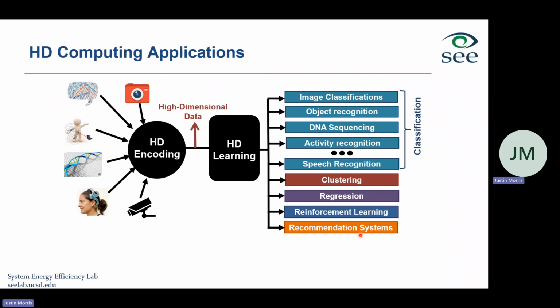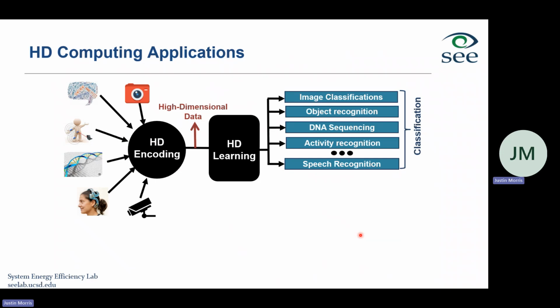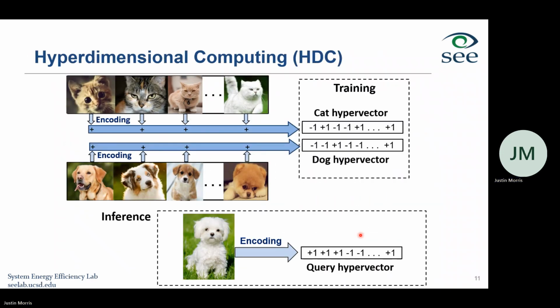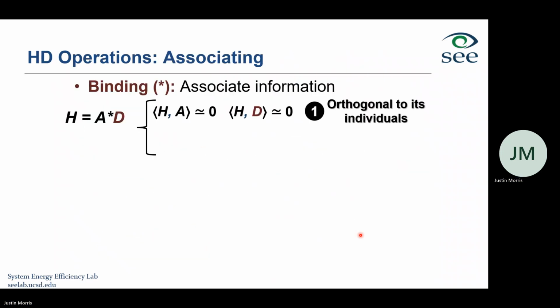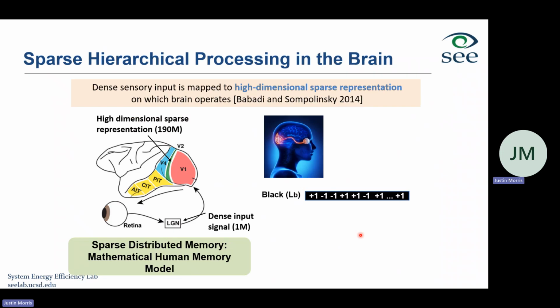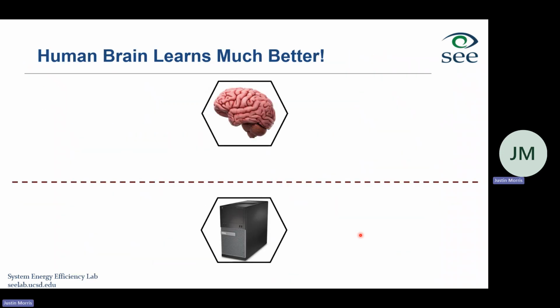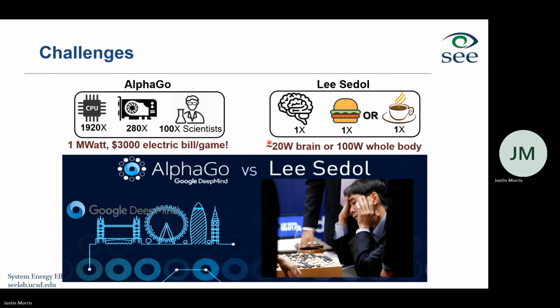So the key points of this algorithm are that it's lightweight and it's designed from the principles of the sparse distributed memory model, so that we can get something closer to the power footprint of a human, right? Rather than, it's almost cartoonish, right? This comparison of 1 megawatt versus 20 watts.